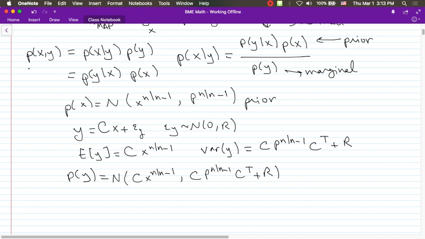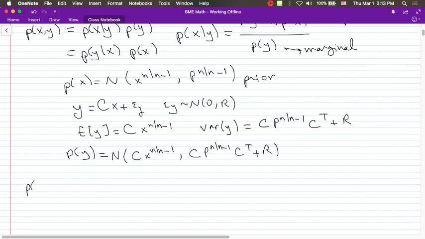So what I want to do is first write for you p of x and y, the joint probability. So let's see what that is. What does this mean? That means you have a probability of a vector made up of x and y. x could be a vector, y could be a vector, but it would be basically that vector put together. That's what a joint probability means.